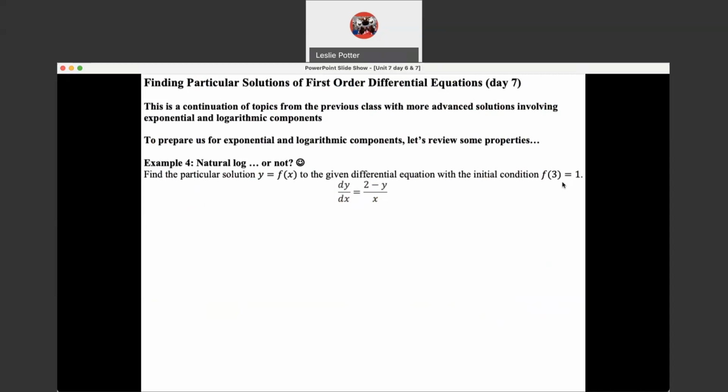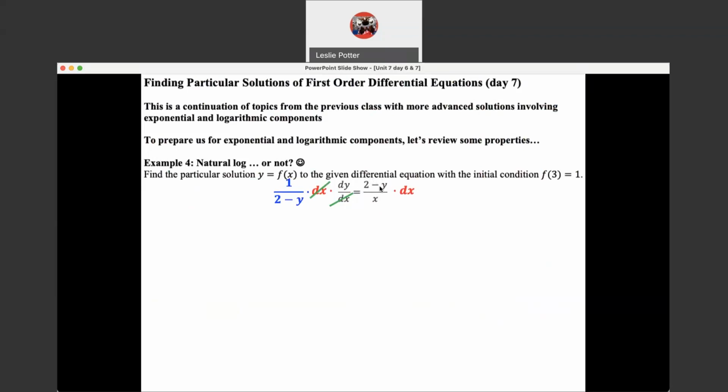So if we look at this, we know the first step here is to multiply by dx. That's always our first step. Those cancel on the left. Notice I'm trying to do this all in one step here. This is a product of 2 minus y, the numerator, times 1 over x, the denominator. That's our product that we're separating. So the 2 has got to come with the y. Those are a pair.